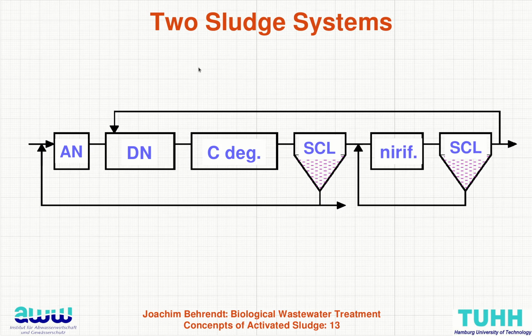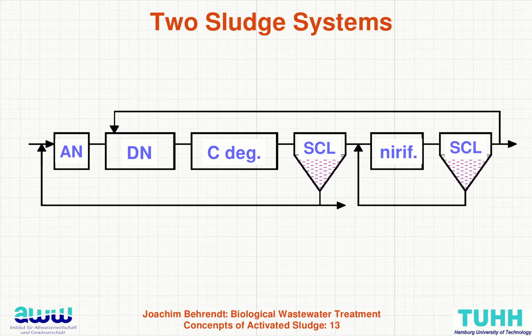Two-sludge systems are also interesting because we are dealing with two very different types of microorganisms. We have the heterotrophic microorganisms that are doing the BOD removal, the denitrification and the C removal, and we have the nitrifying, autotrophic microorganisms. The growth rates are a lot smaller, a factor of 10 or something like this.